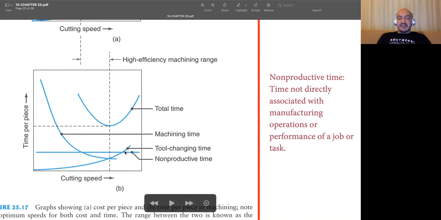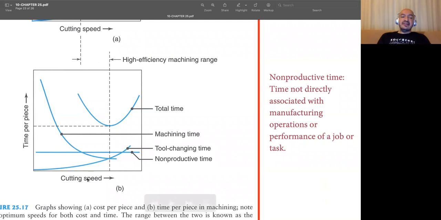Once you increase cutting speed, due to the high frequency of tool change, we have the tool changing time increasing. And again, we have a non-productive time, which is constant and does not depend on the cutting speed. And the other one is machining time. It's obvious that if you increase the cutting speed, then you'll be spending less time on machining.